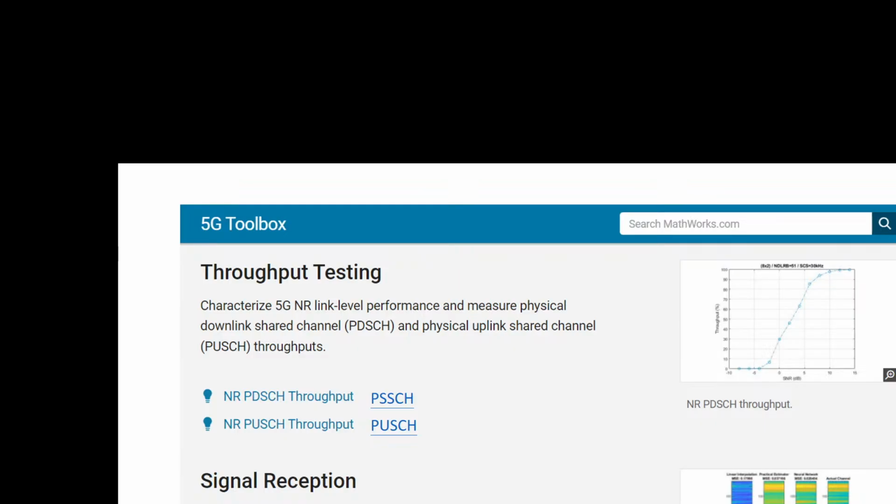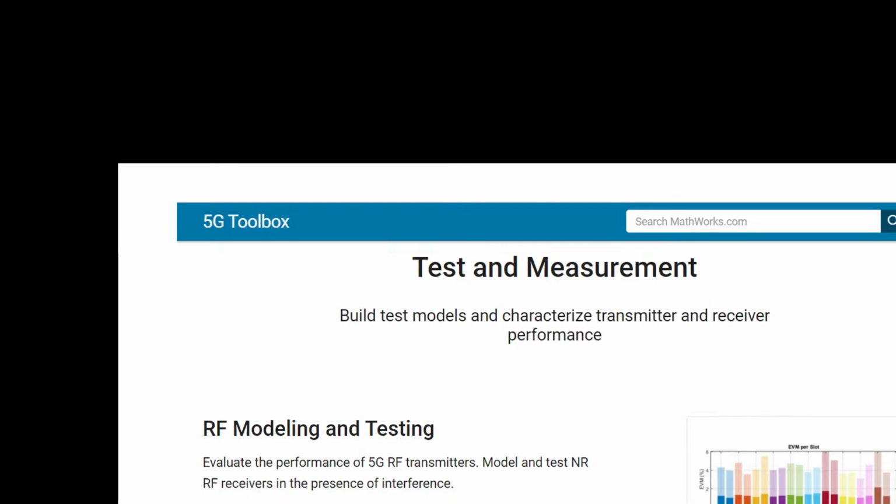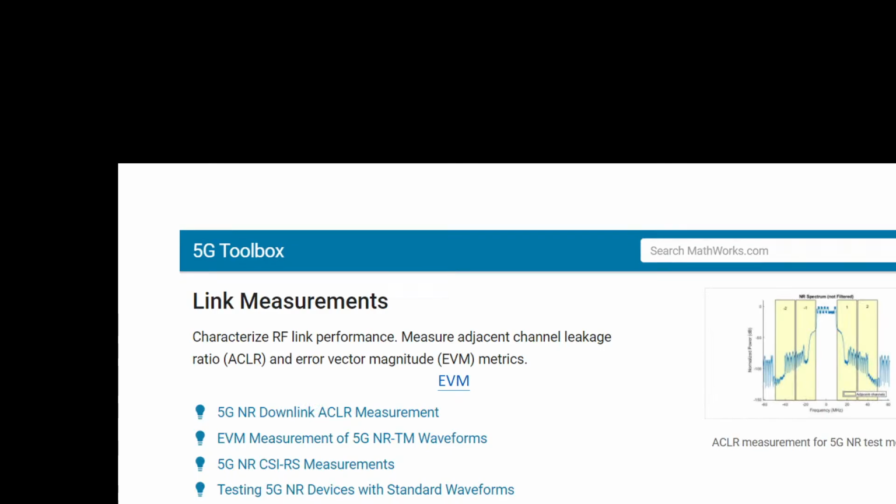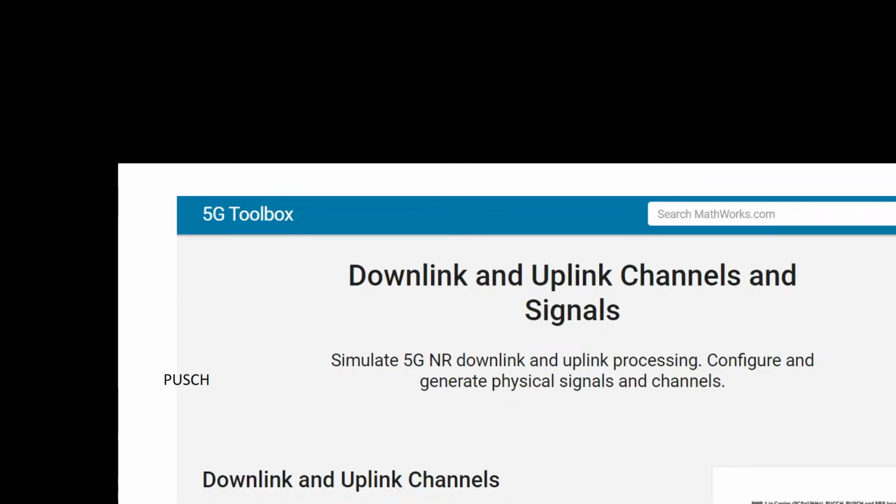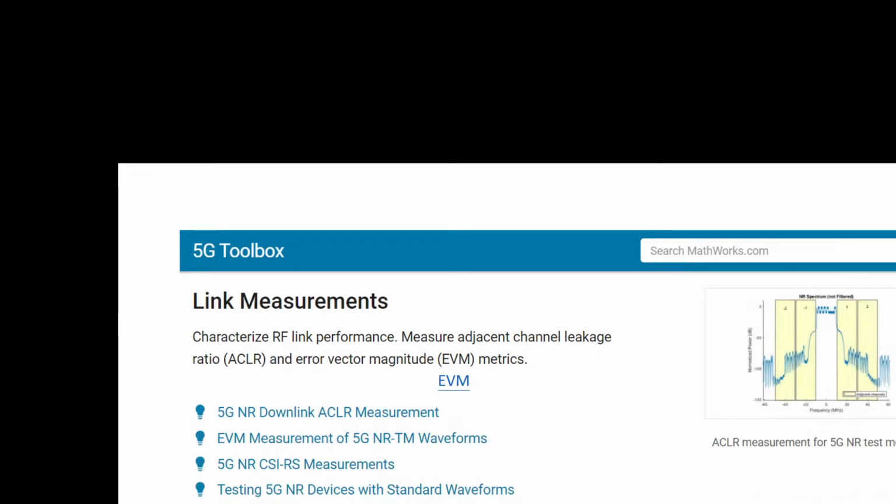So here we'll tell you about signal reception, and the text and management, link measurement. That's major for the 5G New Radio models.